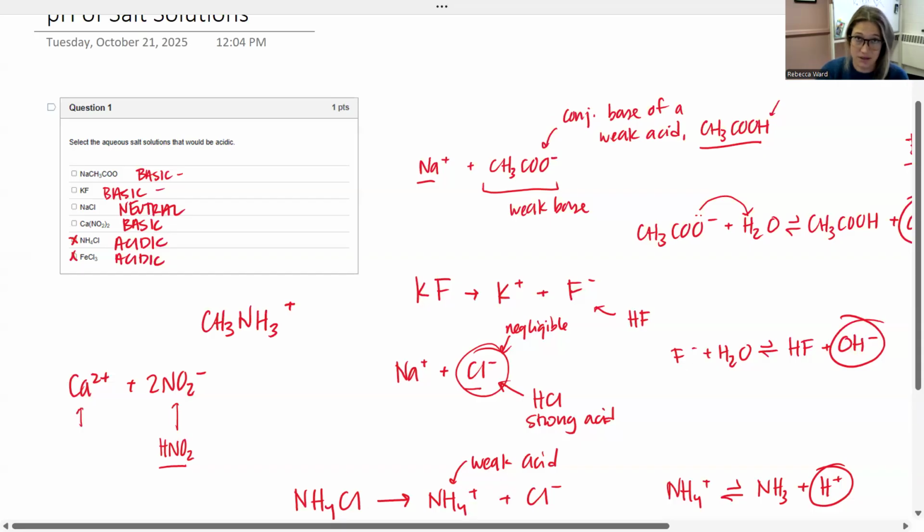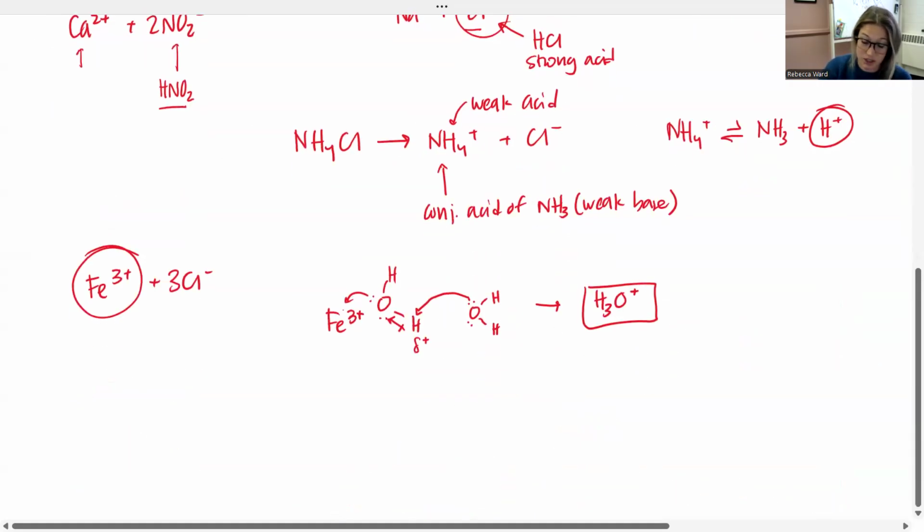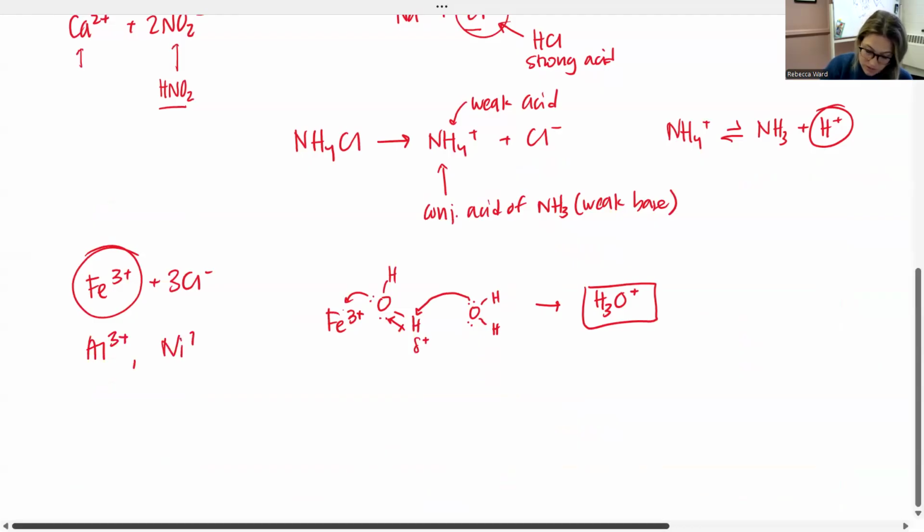That's exactly what could give a proton back a little bit. And then these transition metals that have really high charge densities. So Fe3 plus is one, aluminum 3 plus, nickel 2 plus, zinc 2 plus. We often will pull out some of those 3D transition metals that have very high charges for questions like this.